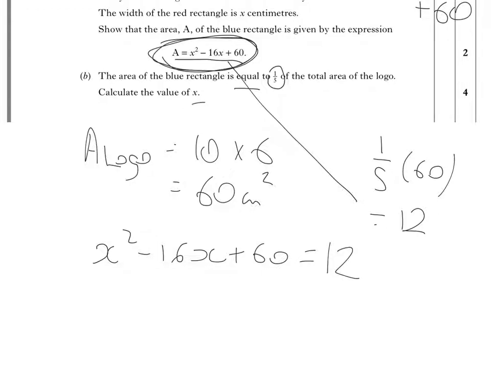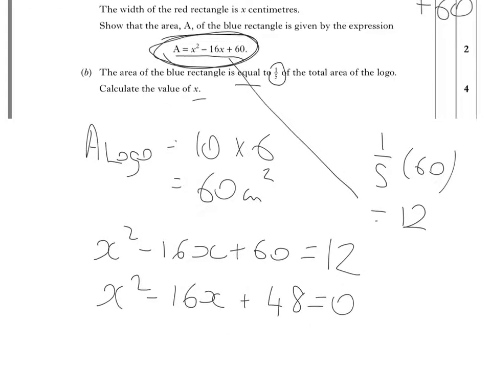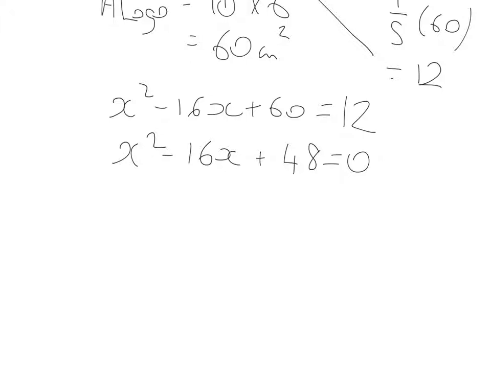The question's asking us to find the value of x. That's a quadratic equation. How do you solve a quadratic equation? You need to make it equal to 0. So x squared minus 16x, bring the 12 across, make it minus 12, and I've got x squared minus 16x plus 48 is equal to 0.